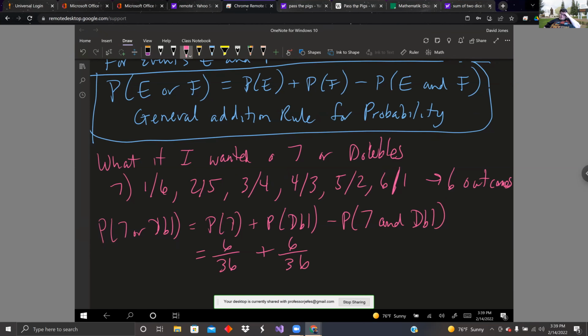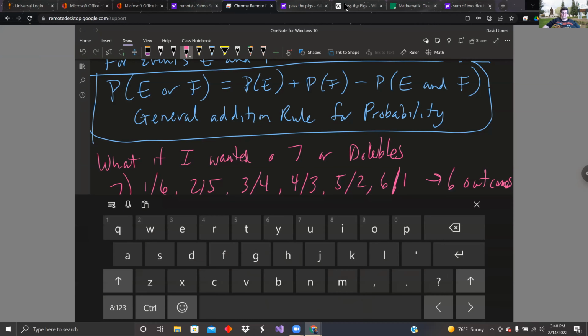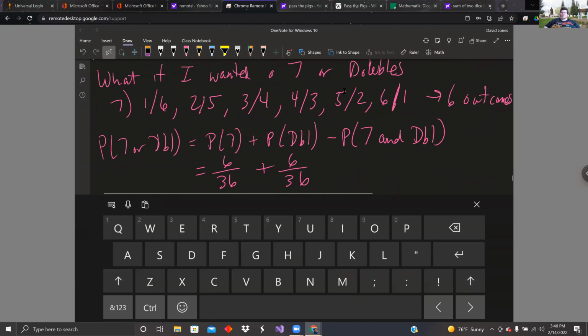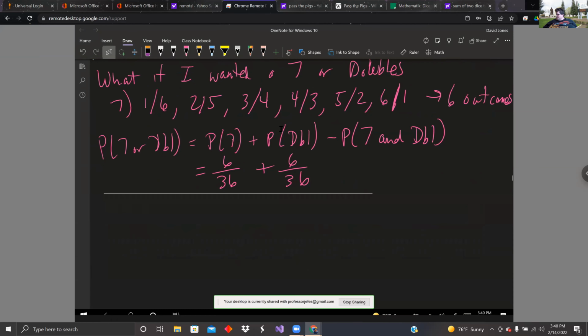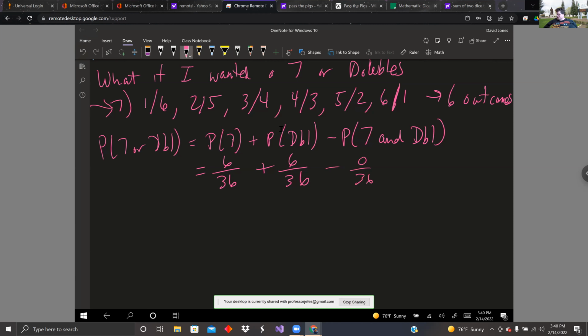Is there any overlap between rolling a 7 and rolling doubles? No, correct. And we can see that from our outcomes right here. None of these are doubles. So that's kind of like minus 0 over 36, or we don't even need to do it. 6 plus 6 is 12 over 36.